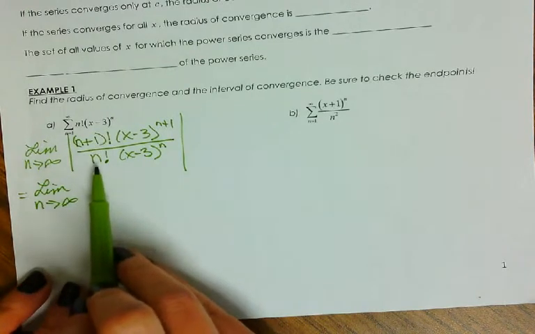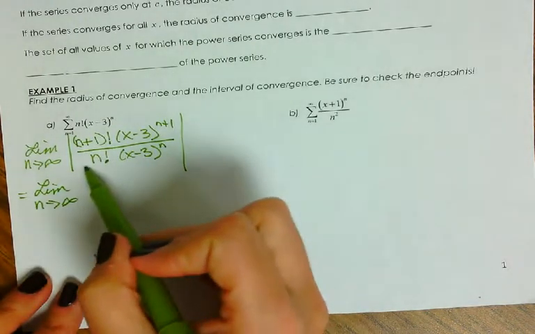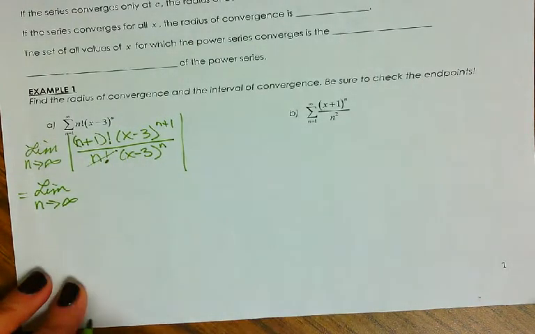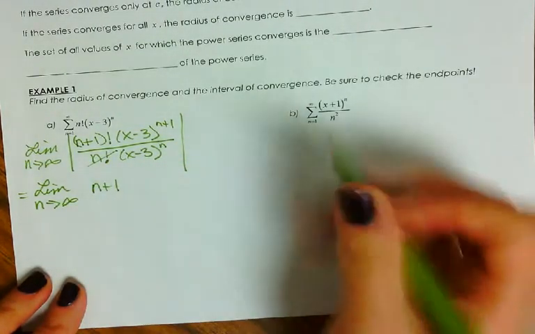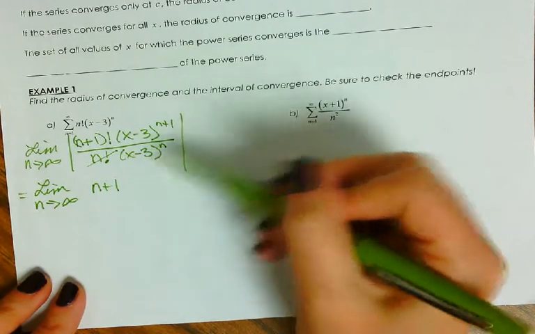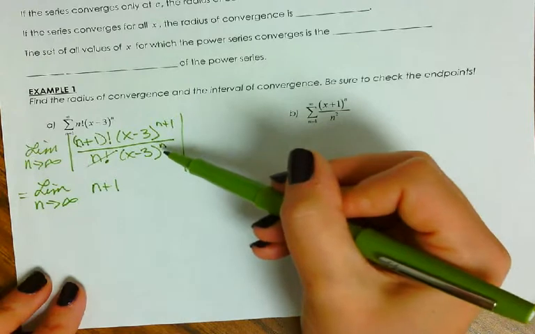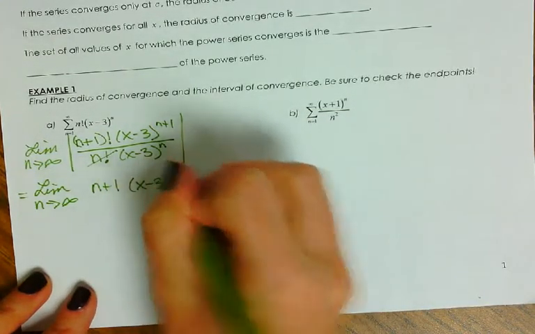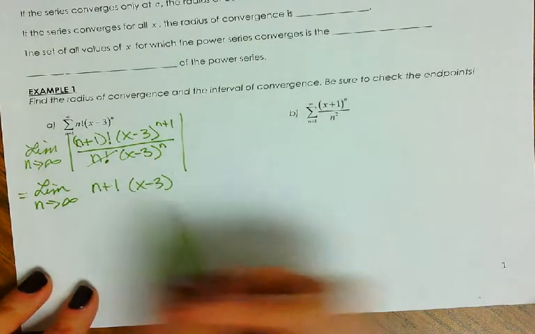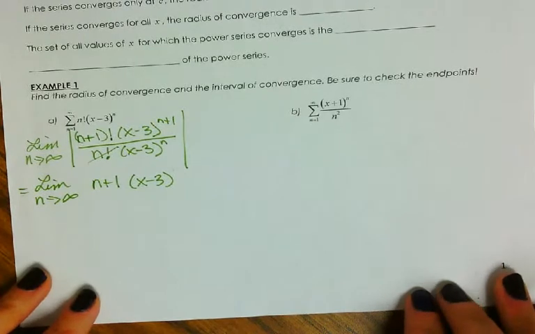And this is n times n minus 1 times n minus 2, and so on. So this is going to be completely gone, and I'll be left with an n plus 1. And remember, if you have the same base, you subtract the exponent, so n plus 1 minus n just leaves me with 1, so really it's x minus 3 to the first power. And I can drop my absolute value bars here because we're plugging in positive values for n.